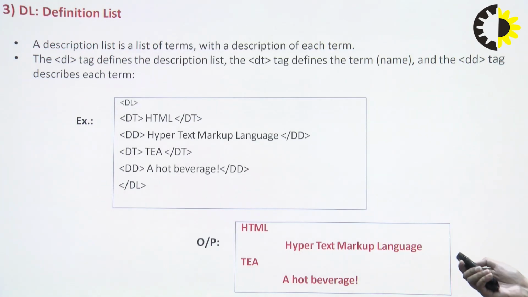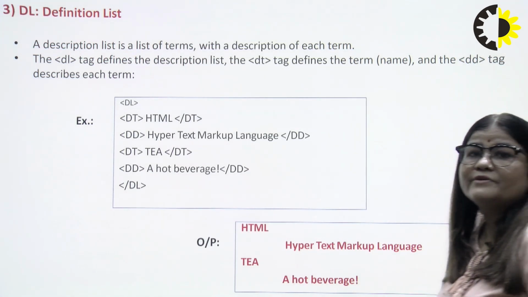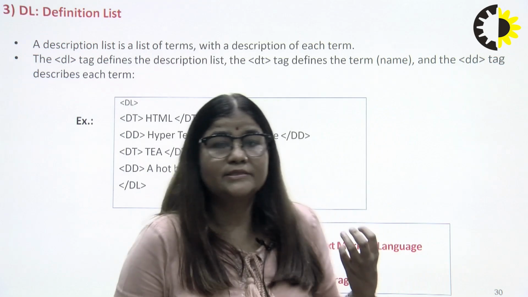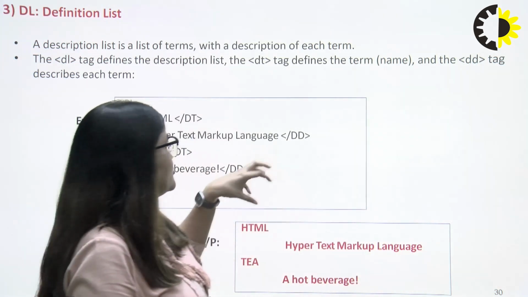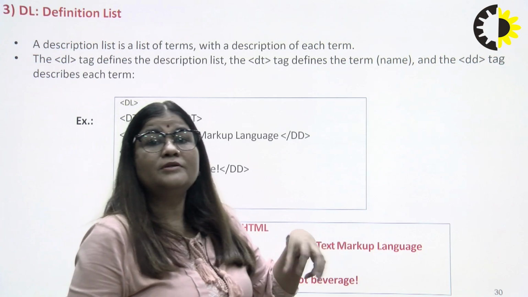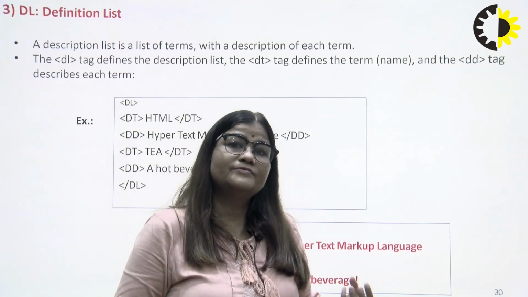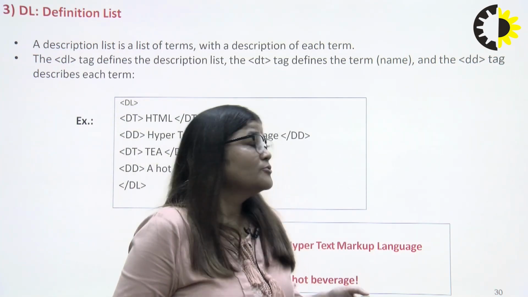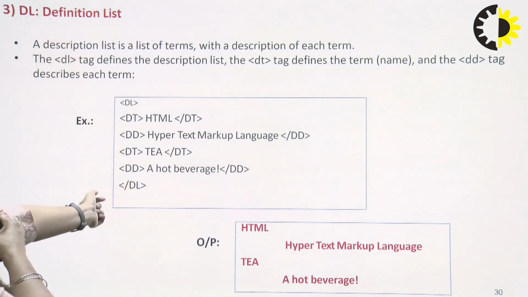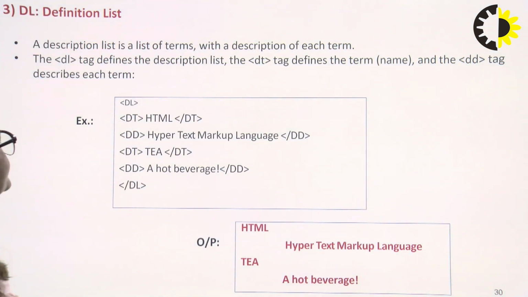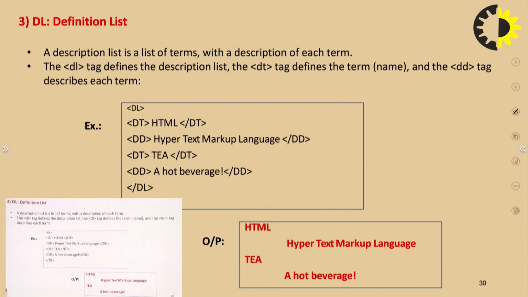This is the definition list. If we have some headings, and we have some topic, and we want to give some definition about that topic, we can use this DL. The DL tag defines the description list, the DT tag defines the term, and the DD tag describes each term.